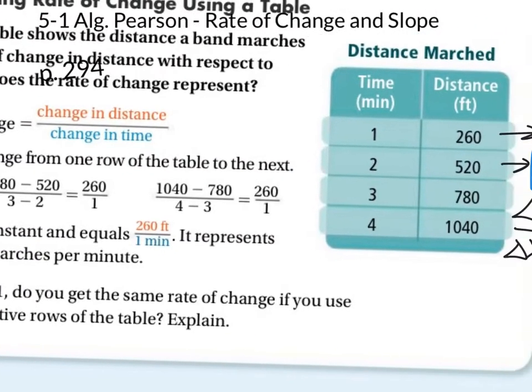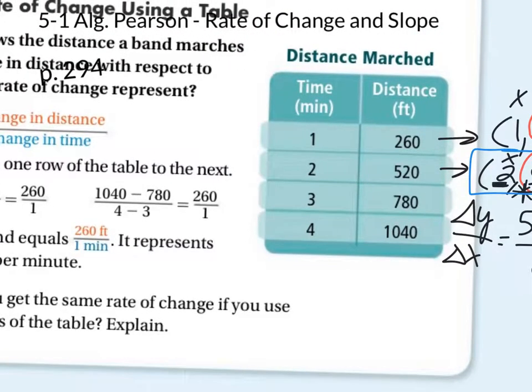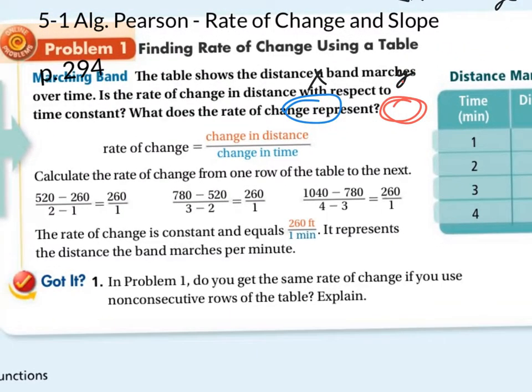So if you look at our units here, this is like our x and this was our y. So change in y is in feet, x is in minutes. So when we do that, y divided by x, it's going to be feet per minute. So that's 260 feet per minute. So we could say that the band is marching 260 feet every 1 minute.